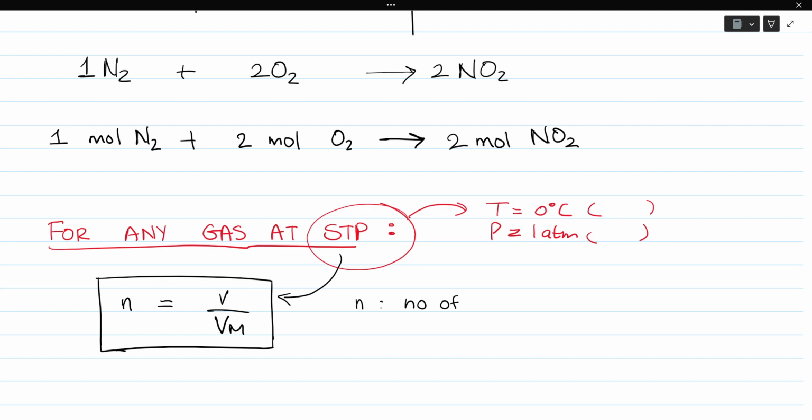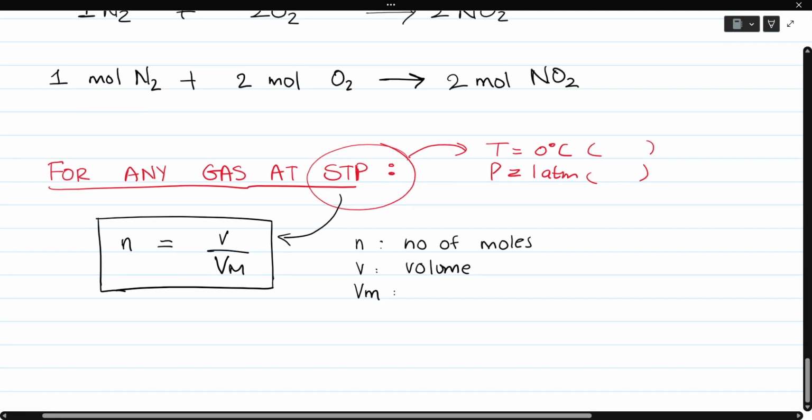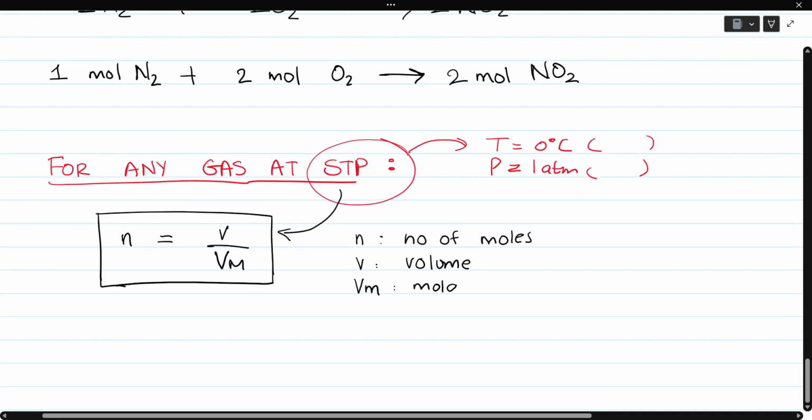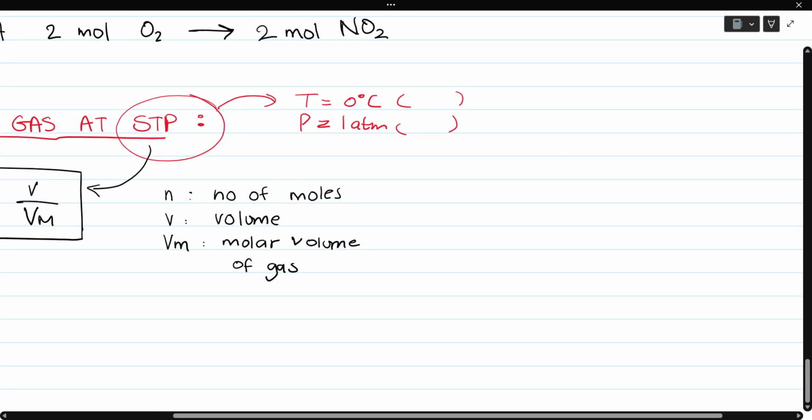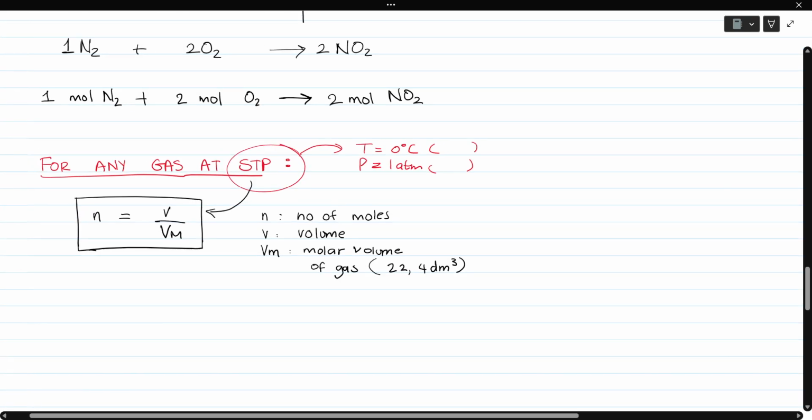So n stands for the number of moles. V simply stands for volume. And Vm, remember, is a special value for volume. We call this the molar volume of a gas, and its value is always 22,4 decimeter cubed.